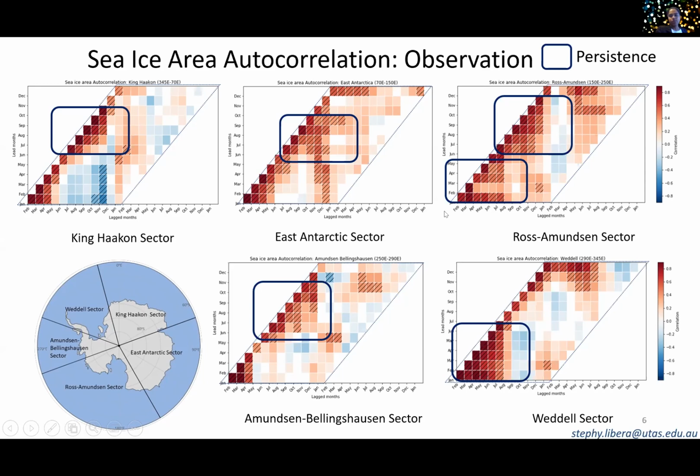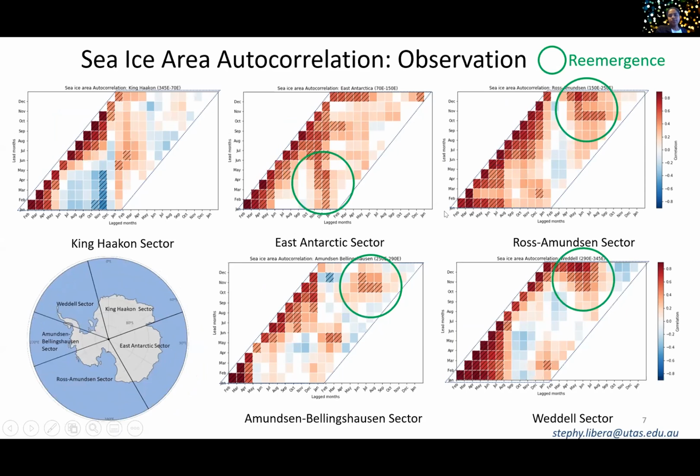Now, looking at the reemergence, we see that in the East Antarctic sector, there is a reemergent pattern from the summer lead months towards the spring lag months. But for Ross Amundsen, Amundsen-Bellingshausen, and the Weddell sectors, we have reemergence from the spring months towards the winter months. So that gives us some idea about the different sectors, varying strengths, and the different patterns.